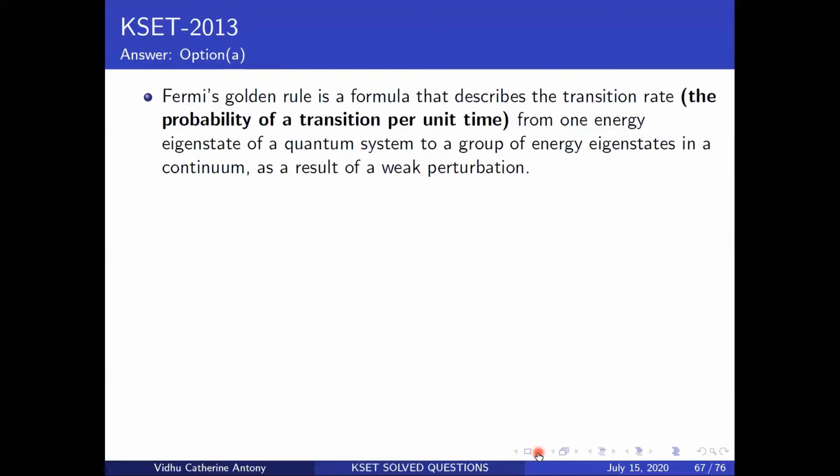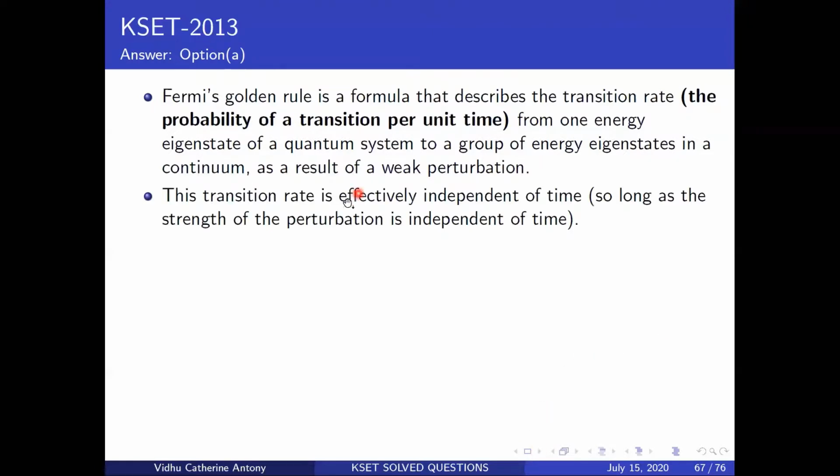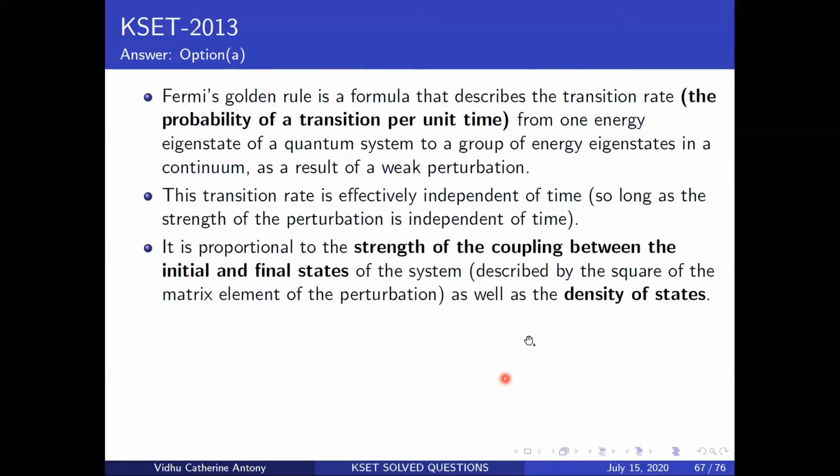I think the second semester students have discussed time-independent perturbation theory. So the transition rate is effectively independent of time, as long as the strength of the perturbation is independent of time. If your potential is independent of time, the transition rate is also independent of time.